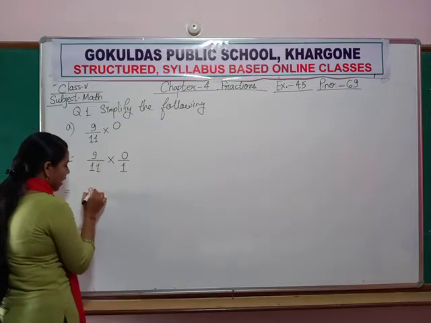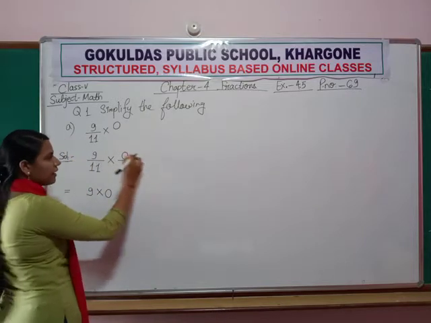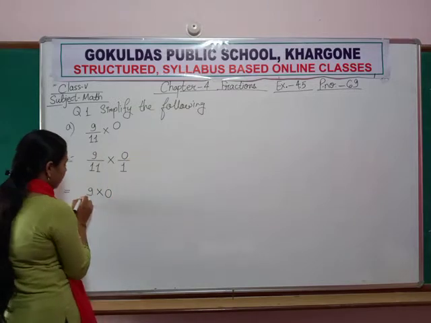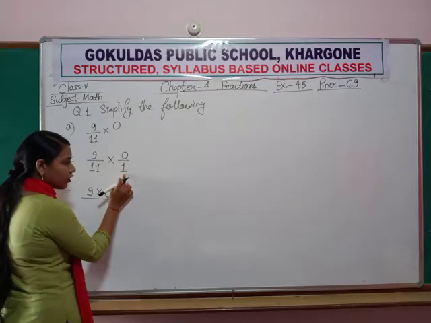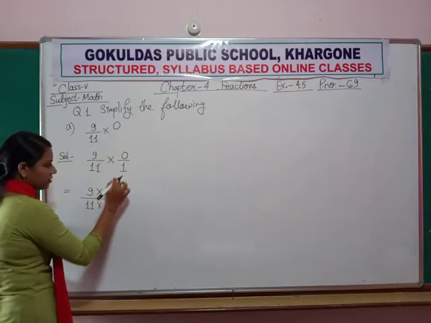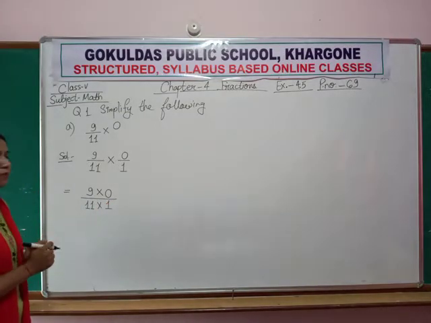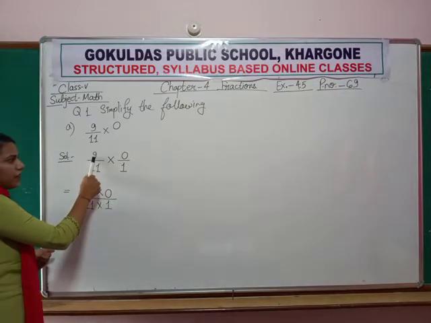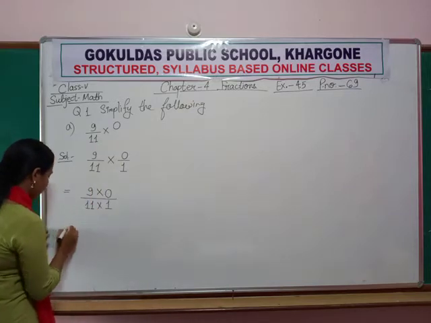Means 9 will get multiplied with 0, since 9 is a numerator and 0 is a numerator. Then the denominators get multiplied, so 11 is multiplied by 1. This is how we multiply two fractions: numerator with numerator and denominator with denominator.